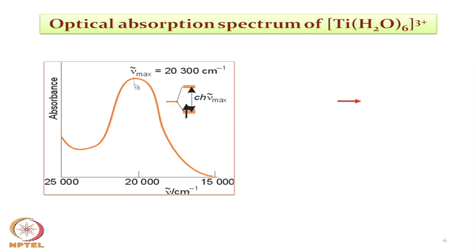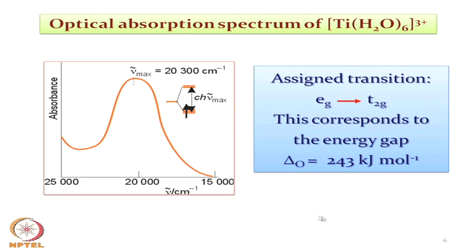So, we have nu bar max, because we are utilizing this energy scale as wave number inverse, and this is the corresponding splitting. We get a very beautiful band, and the lambda max value is around 430 nanometer.